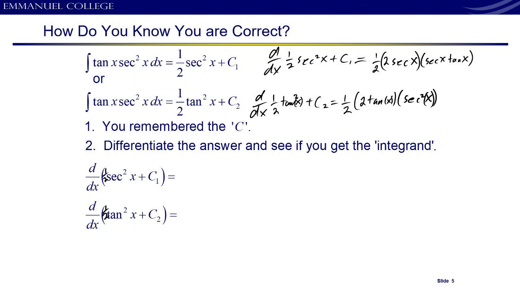Because if at, let's say, pi over 4, the original function was 10, then pi over 4 is going to be different for tangent and secant. But what that also means is the constant is going to be different for both of them.